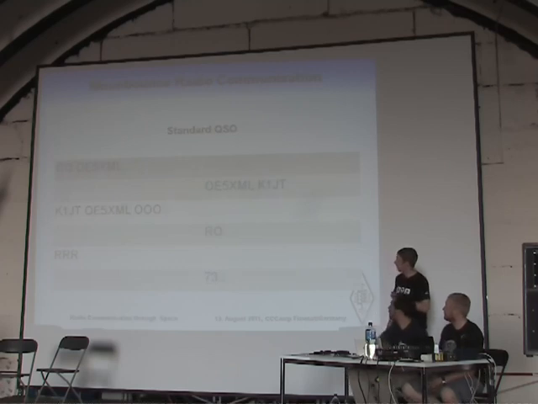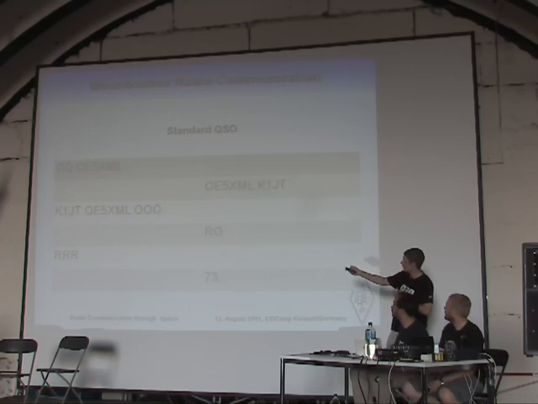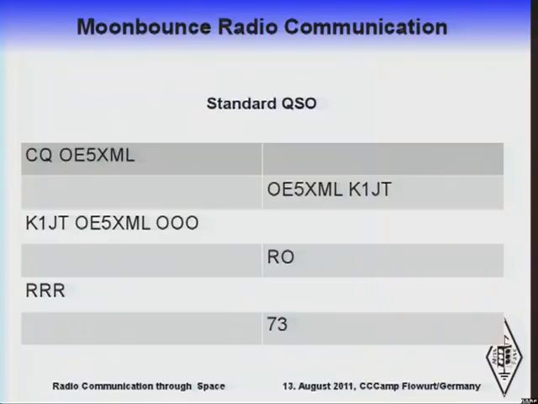Yeah, that's a standard QSO. On the left side, we've got our station. That's Oscar Echo 5 X-ray Mike Lima, our amateur radio call sign. And we have got the CQ on the left side, that we are looking for a station to answer.